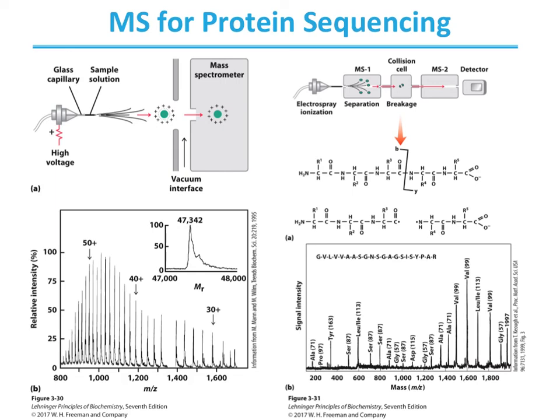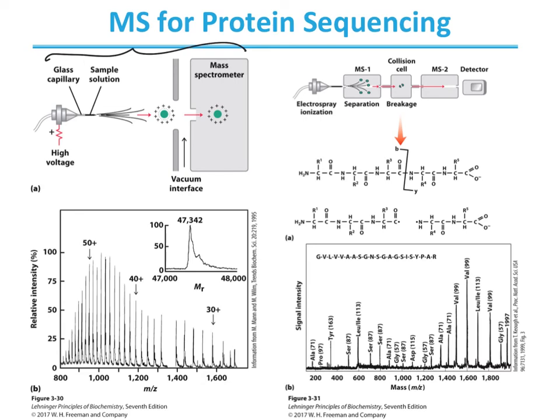For example, electrospray ionization, shown here, involves using a solution of a macromolecule such as a peptide, and it's sprayed from a narrow capillary tube maintained at a high voltage, which forms fine, highly charged droplets from which the solvent rapidly evaporates. This yields a series of gas phase macromolecular ions that typically have ionic charges in the range of +5 to +2.